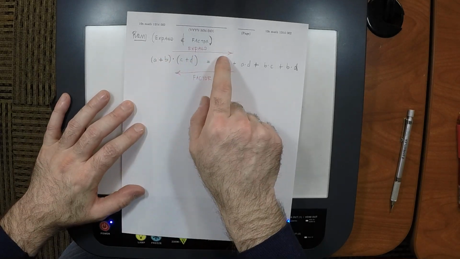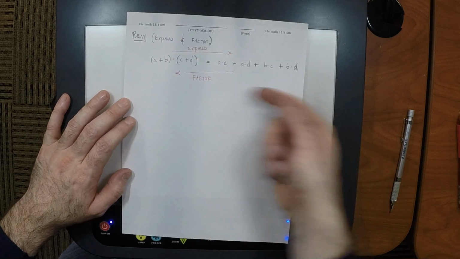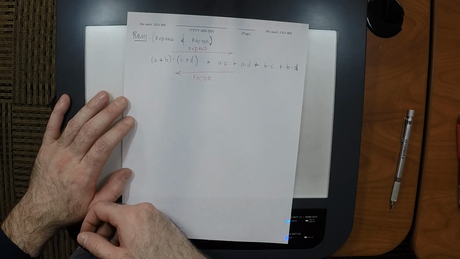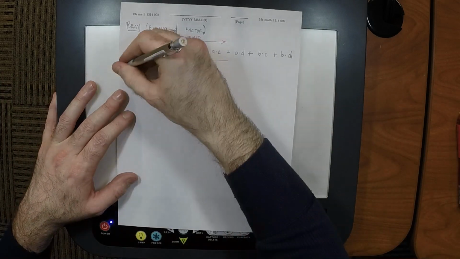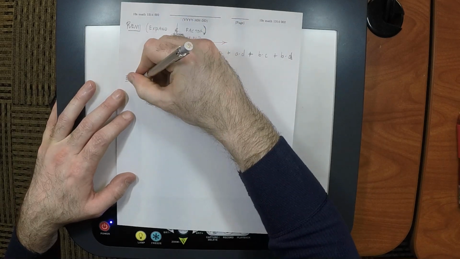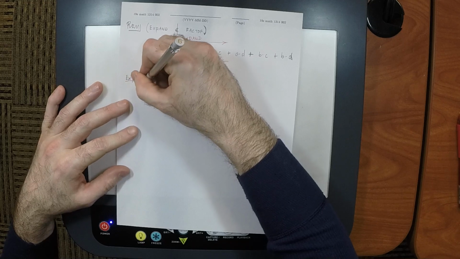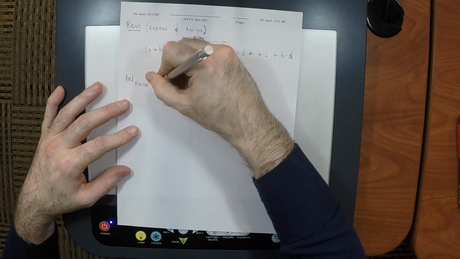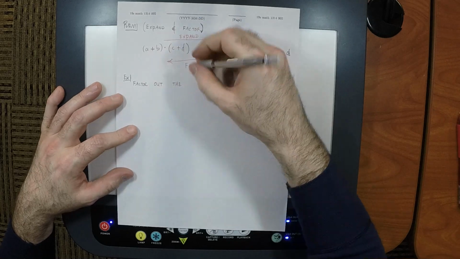Expanding is what we've been doing, and it's generally easier than undoing that, which is called factoring. Okay, but factoring is something we have to do. So first example. The request will be, please factor out the greatest common factor.